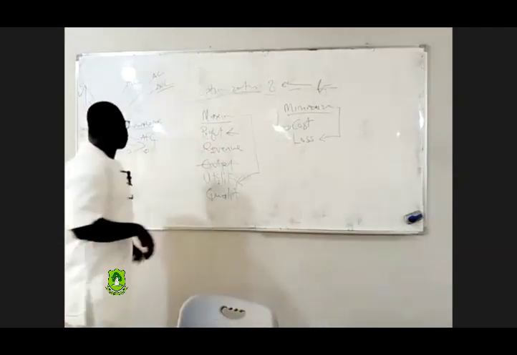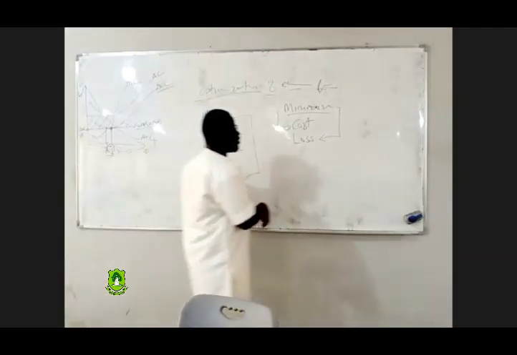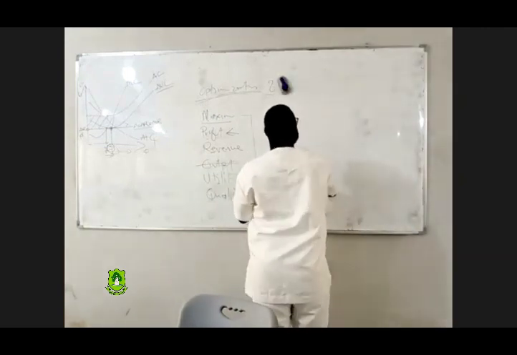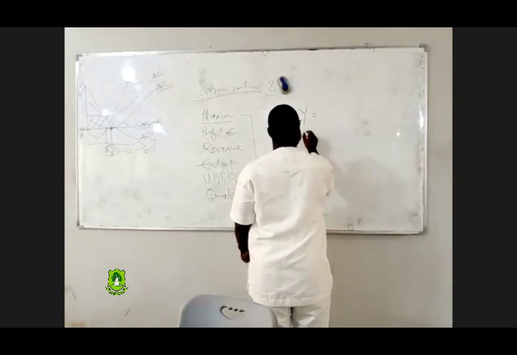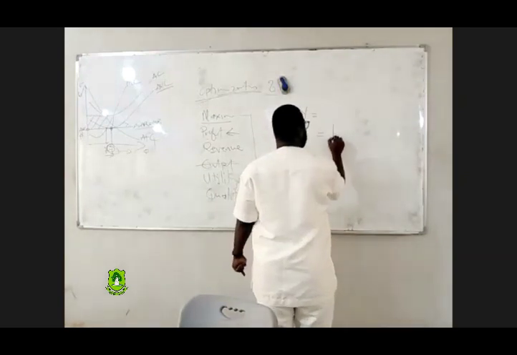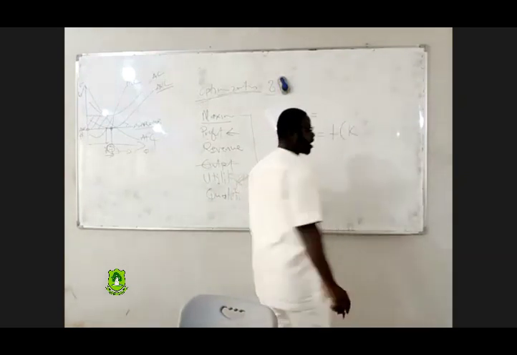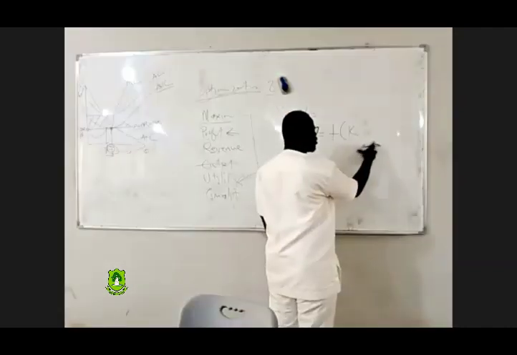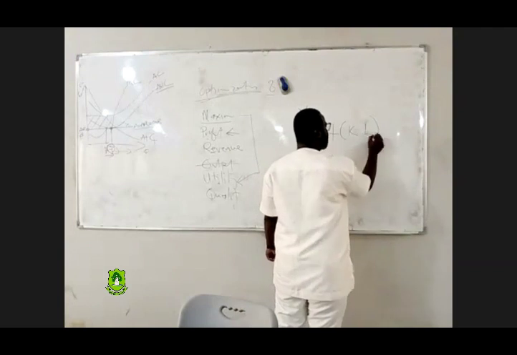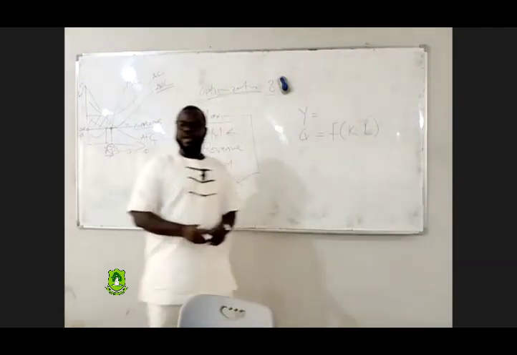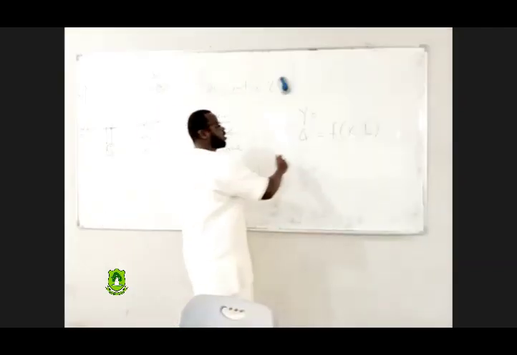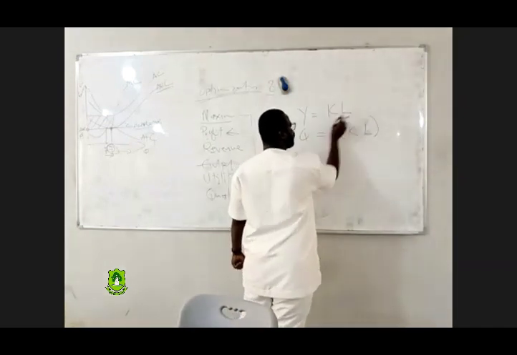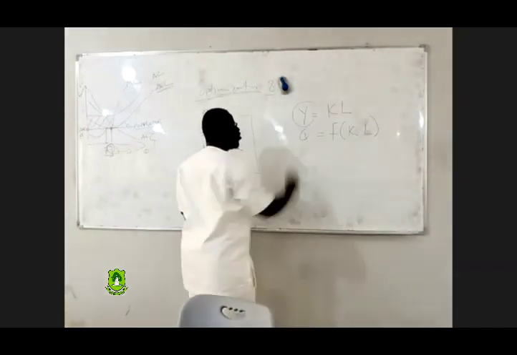Your production level, which is your output, or maybe if I just put Q, is dependent on how much capital you bring on board, maybe machines and machinery and equipment, and how much labor you will combine.